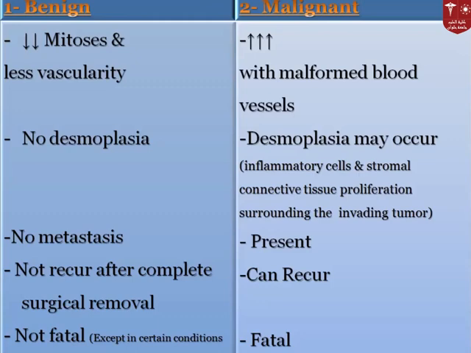So desmoplasia is the background tissue reaction in the tumor, and it is mostly present in malignant tumors. Desmoplasia is a feature seen under the microscope because it is formed of cells and fibers. Desmoplasia is the reason that malignant tumors are hard on touching, hard in consistency, while benign tumors do not have this desmoplasia. Okay, so this is a microscopic picture.